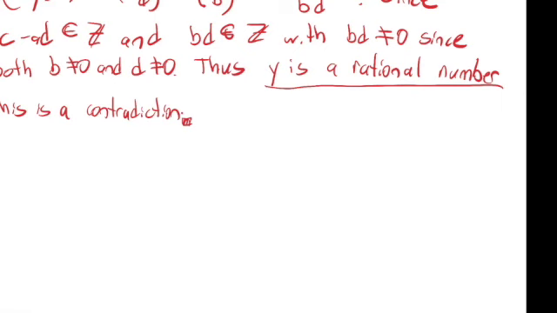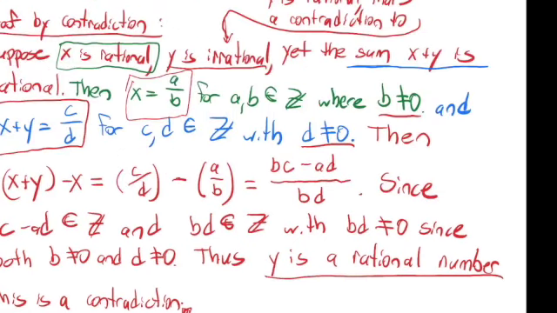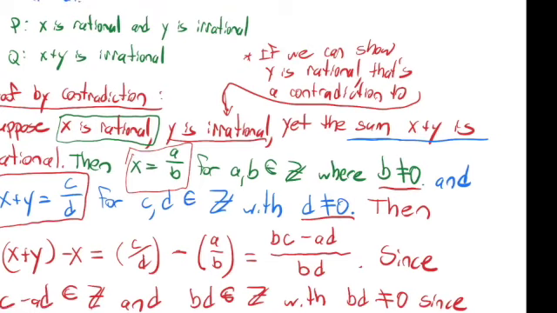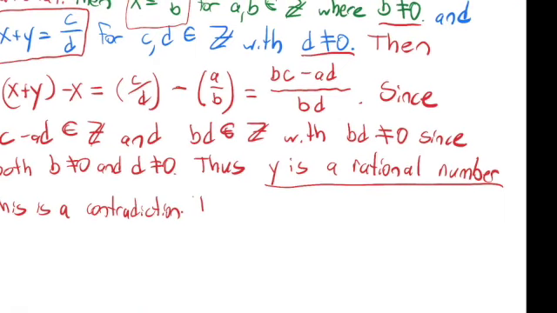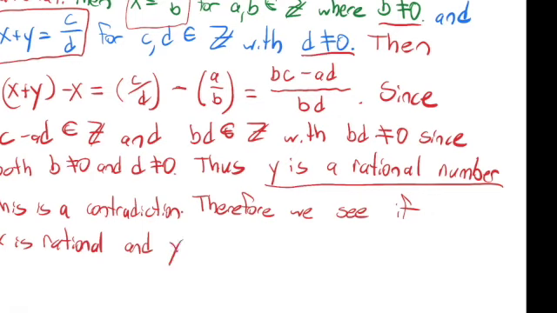So you could stop it at that point if you stipulated that you're doing proof by contradiction. But I think sometimes it might be nice to just say, therefore, that if we have a rational number x and an irrational number y, their sum has to be irrational.